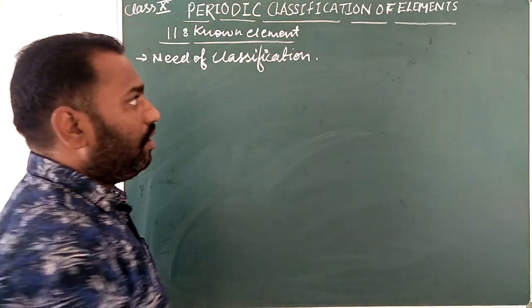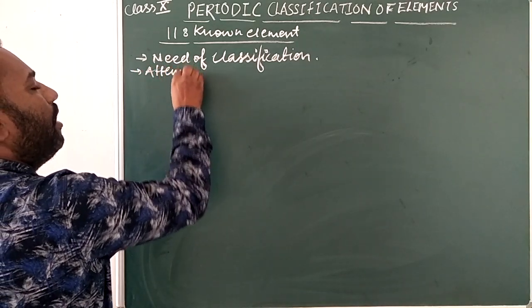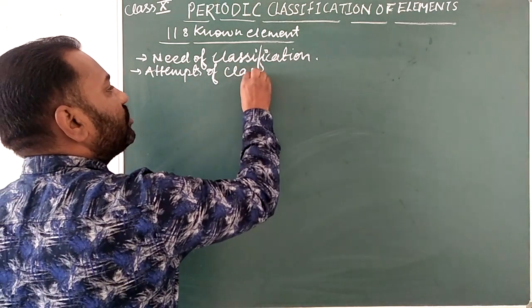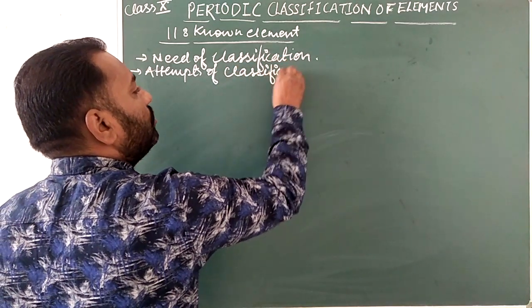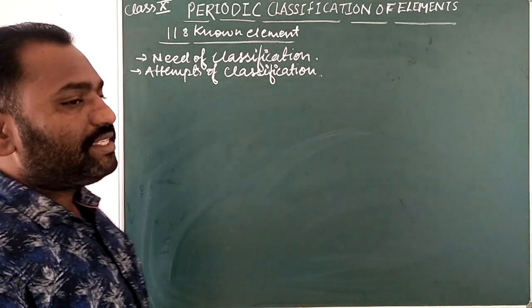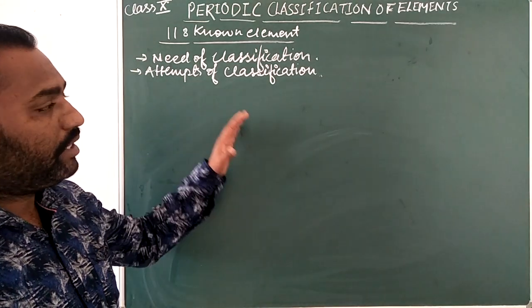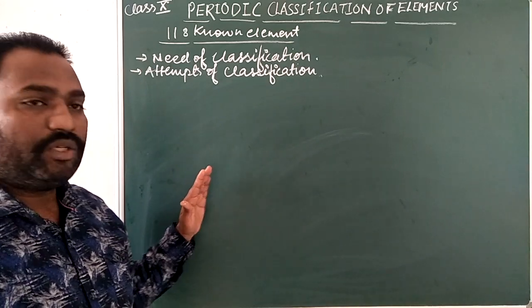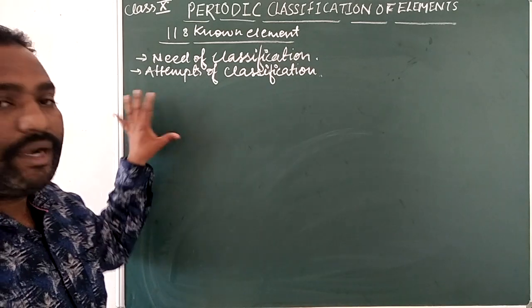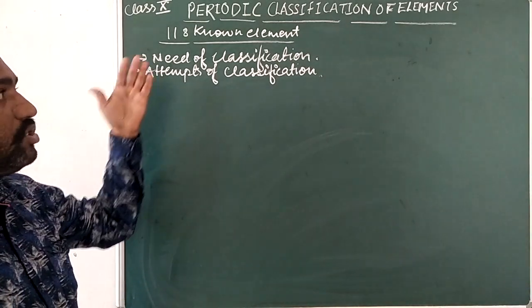The second thing is the attempts of classification. Many scientists from the early stage tried to put the elements in order and in series, to make the study convenient, reliable and systematic. What are the needs of classification?